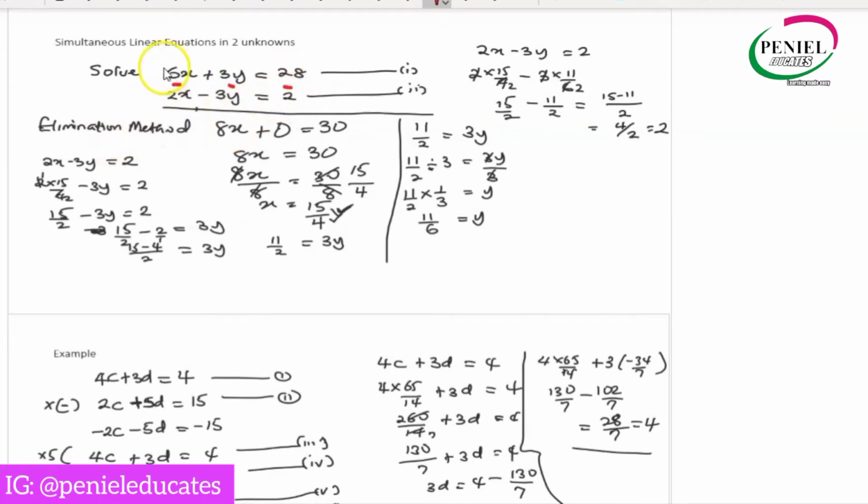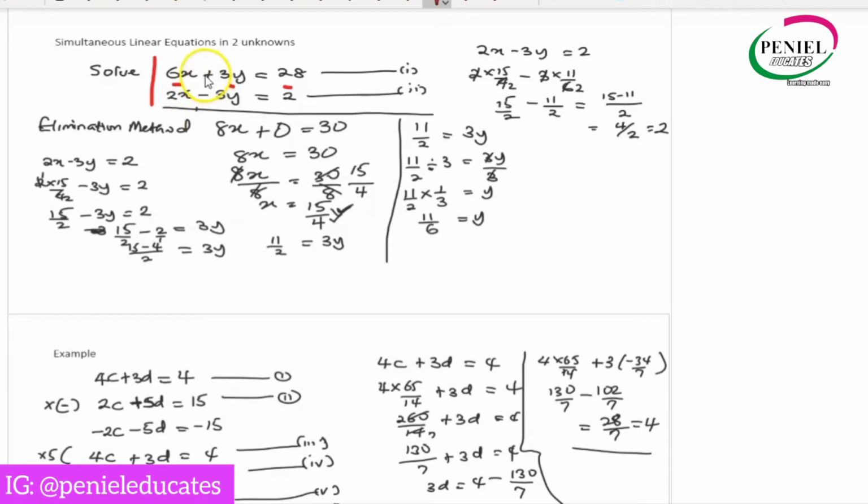Now, if you look at these two, one thing that we need to do is ensure that this place is plus and this place is minus. If it's not, then we can multiply by positive or negative somewhere to ensure that this place is plus and this place is minus.